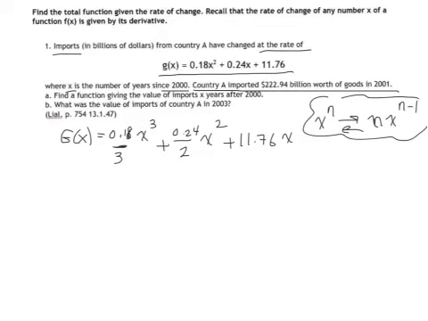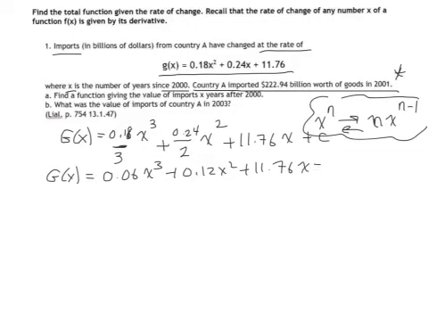Now you'll recall that we still need to have a constant, because we don't know whether there was a constant there or not. We look back to the question to see if there's any information to help us, and that's when we use this information. But first we should tidy up the equation a little bit, complete our divisions. So this would be 0.06x cubed plus 0.12x squared plus 11.76x plus c.